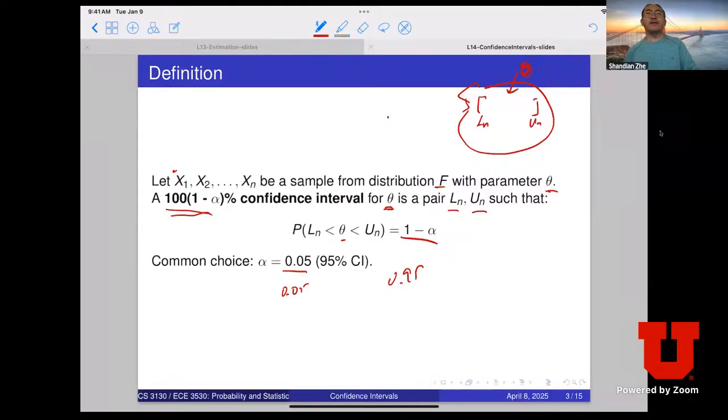The interval has a 95% chance to contain the ground truth theta. So this is the common choice of alpha. Question? Okay.